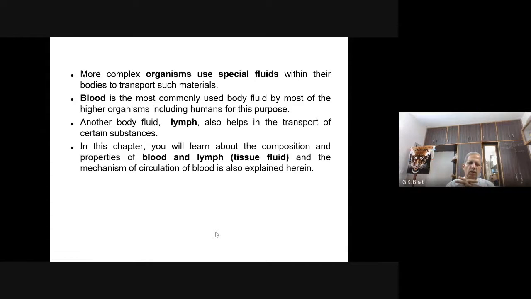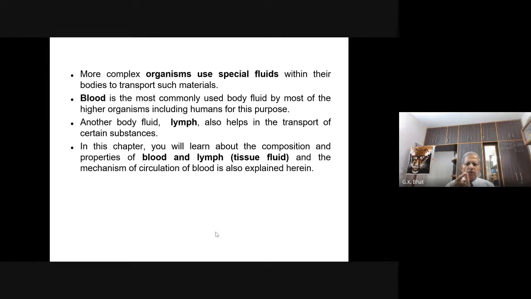Now, with regard to the more complex organisms, we come across special fluids to do this function. These special fluids enable the transport of materials within the body. Which are these special fluids? As I mentioned at the beginning of the class, one is the blood.